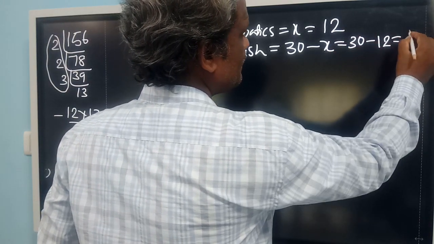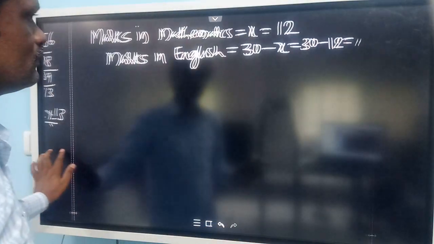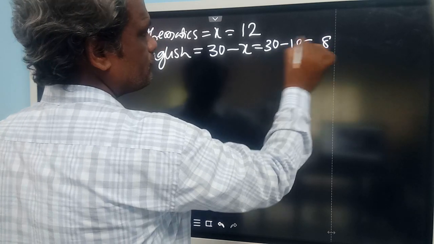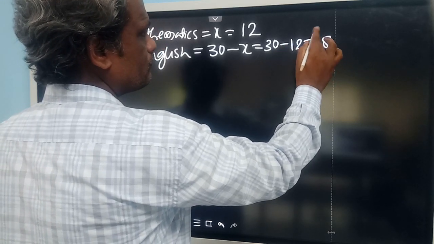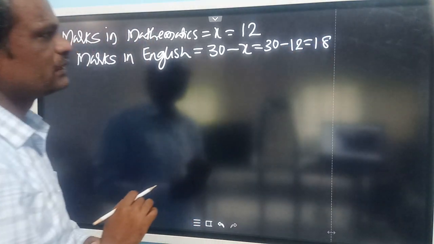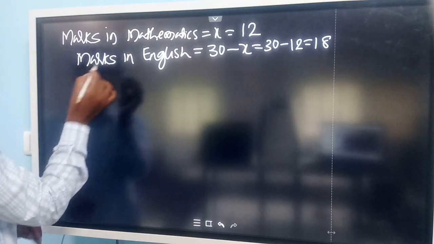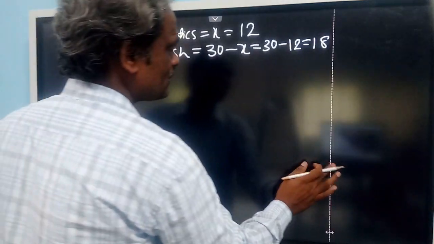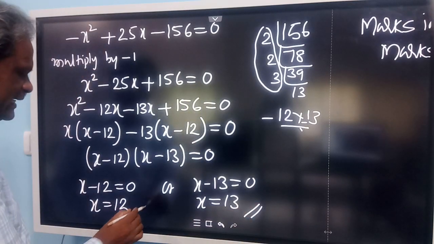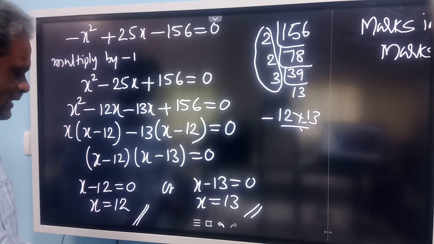So it becomes how much? 18 marks. Now we will go for the second option. So once you take x is equal to 12, mathematics marks 12, you are getting the English marks as 18.